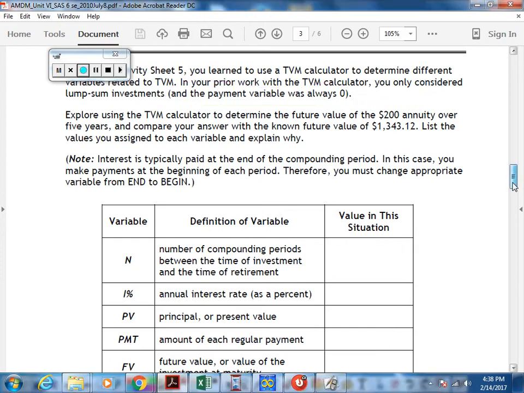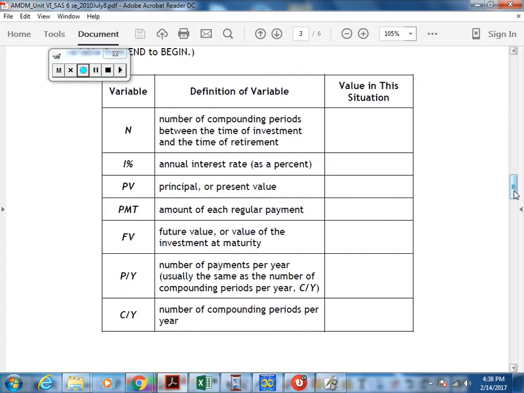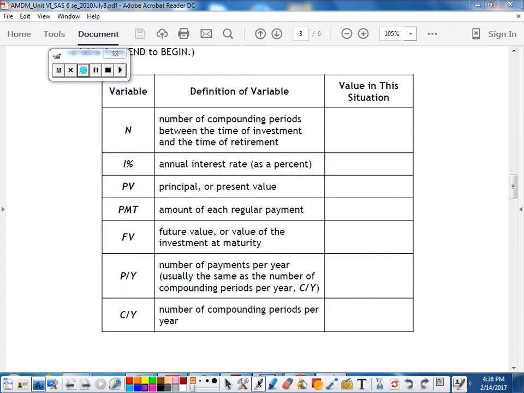We are going to use this table, and the number that you cannot change is the PMT. That's your annuity. You're adding $200 each time, so this is going to be 200. Now, PMT is really specific. If you are adding money to it, the calculator wants this as negative 200. If you were taking money out of it, then you would put a positive 200.